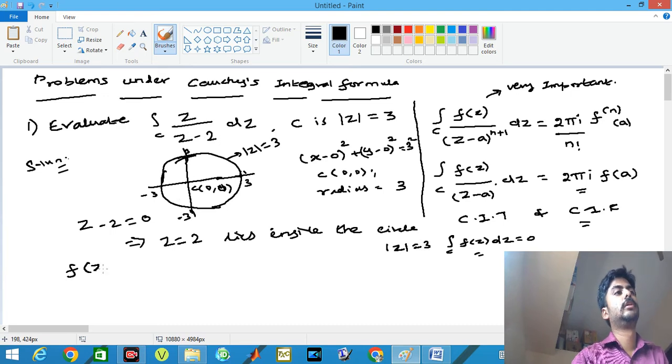So we can write f of z equal to z, A equal to 2.